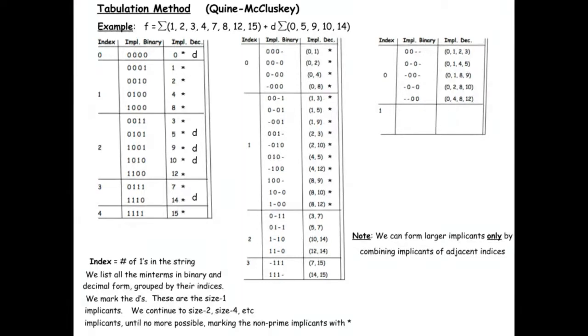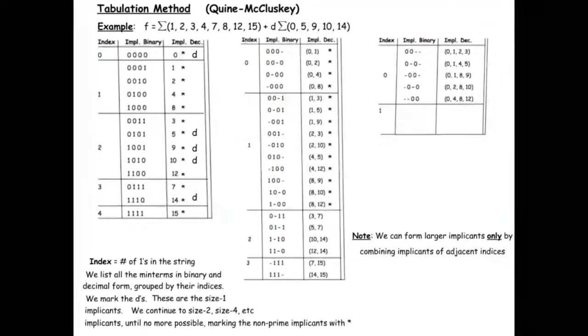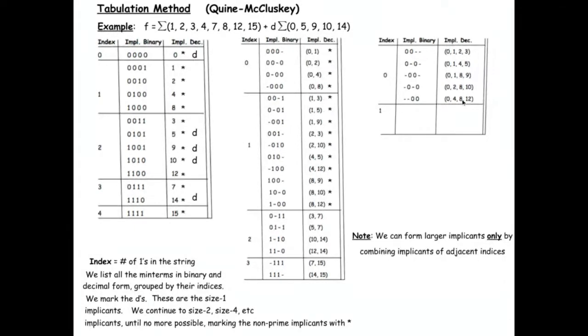So it looks like now we took almost a dozen of these, and they all are now covered by these 5 implicants of 4.